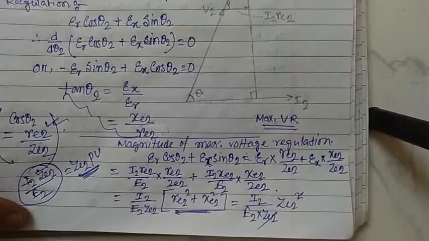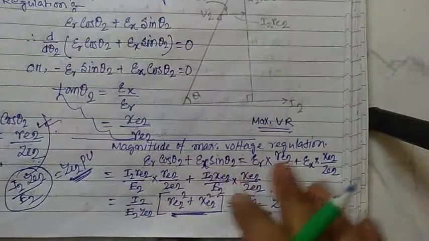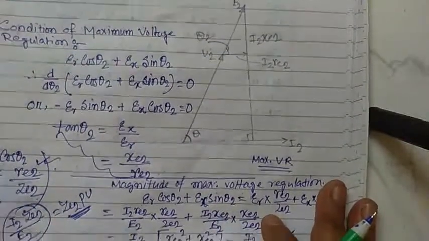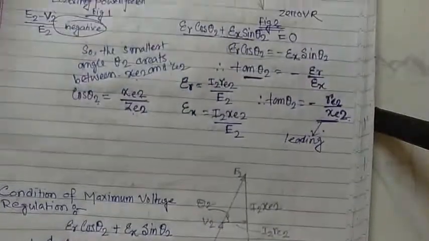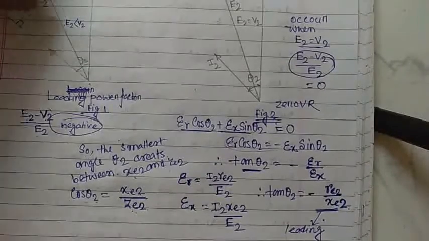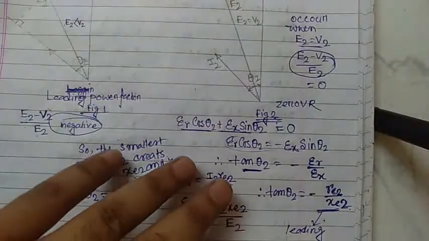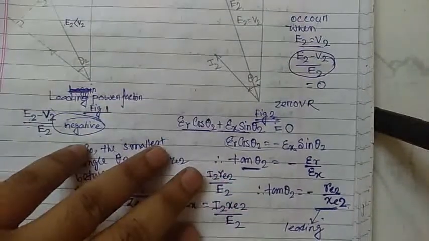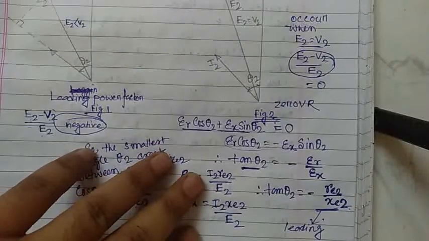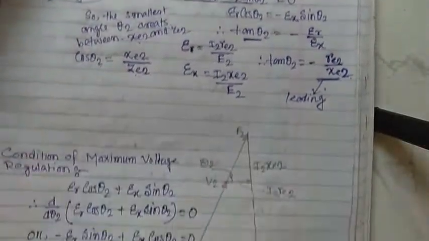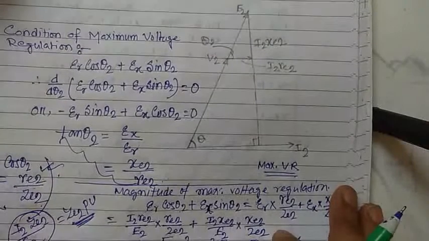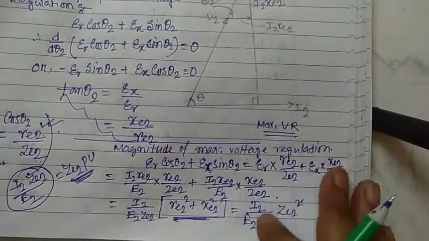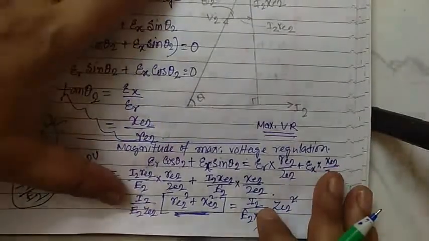Okay students, these are the equation and condition of zero voltage regulation, and this is the equation and condition of maximum voltage regulation.